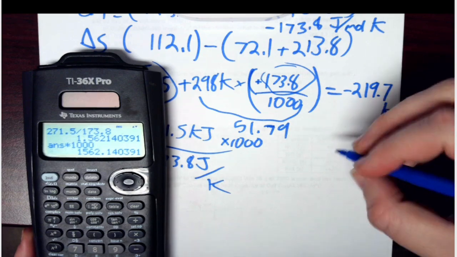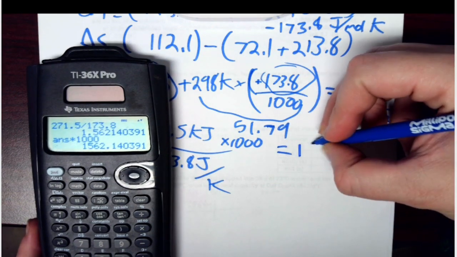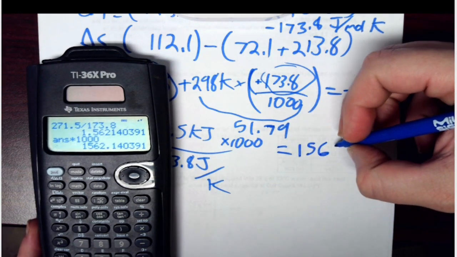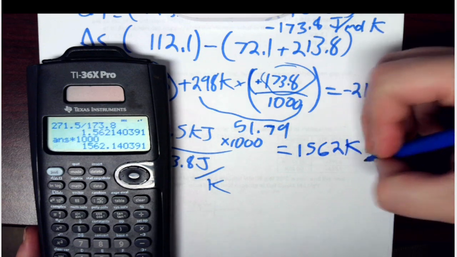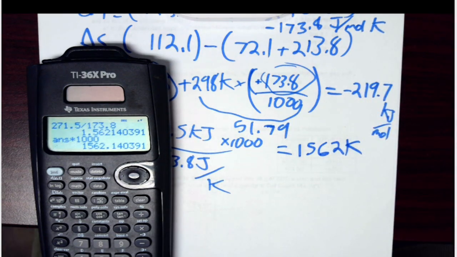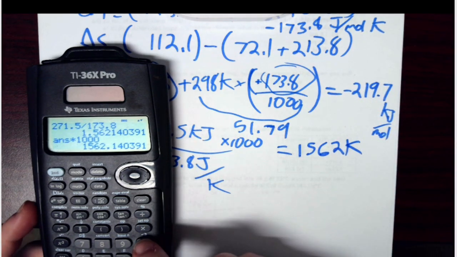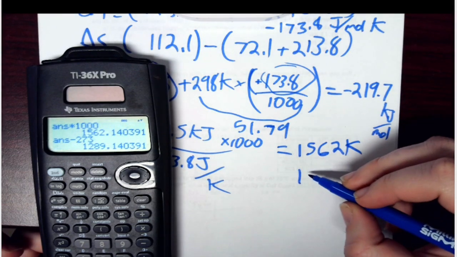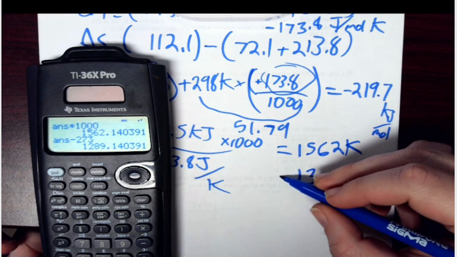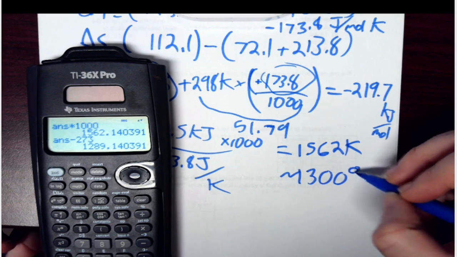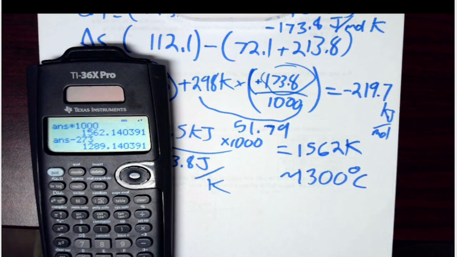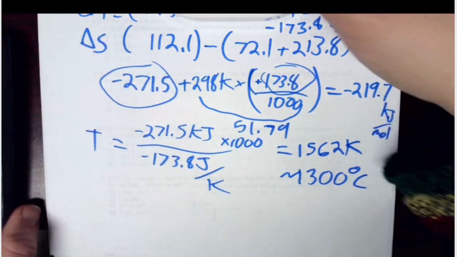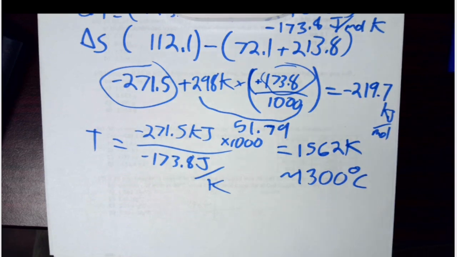At what temperature would this cease to be spontaneous? It's pretty high. 1562 Kelvin. So with that in mind, we'll just say it's approximately 1300 degrees C. You put this in a blast furnace, it'll break apart, but most of the time it's going to be just fine and dandy.